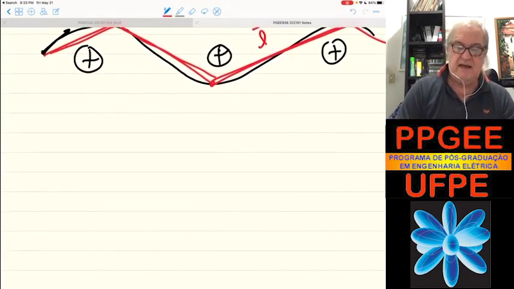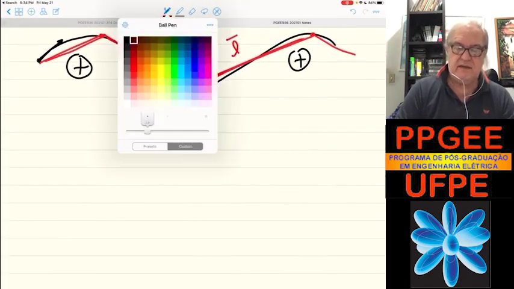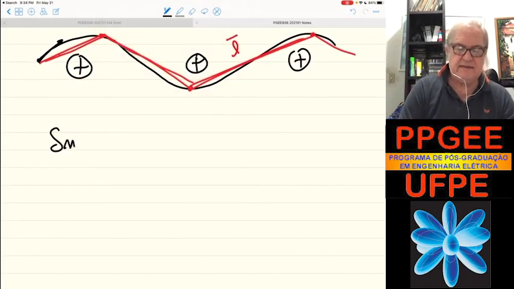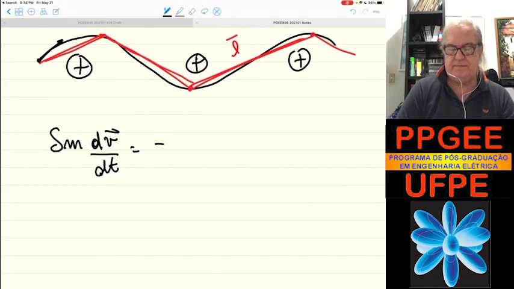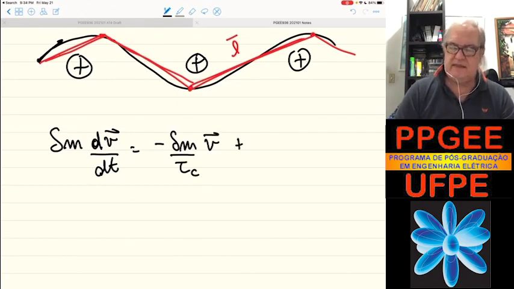Mass times acceleration, which is dv/dt, equals minus mass over collision time times v plus delta q times E.